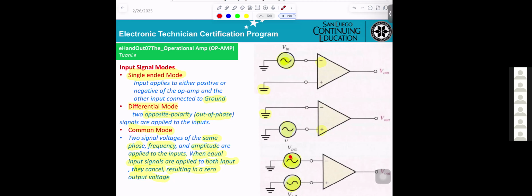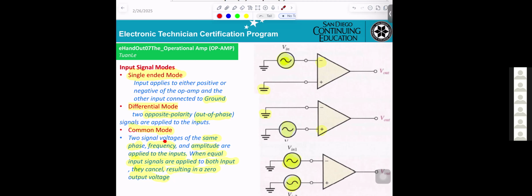And this one has both inputs applied, at the positive and negative. You can see the difference. When you apply both signal inputs, they must be opposite. This one going up, this one has to be going down, 180 degrees out of phase. Okay, that is absolutely something you have to follow.